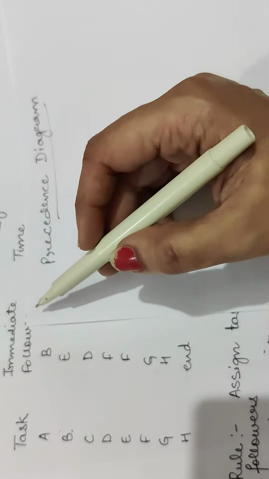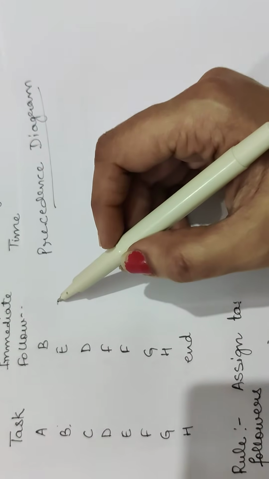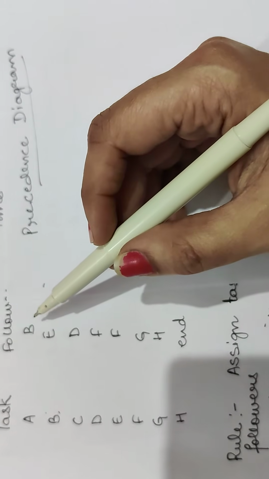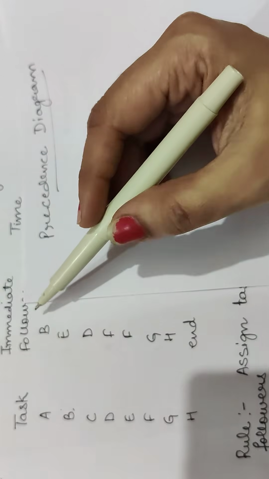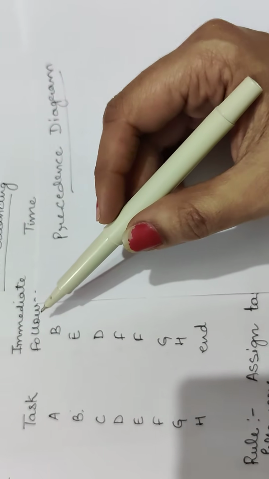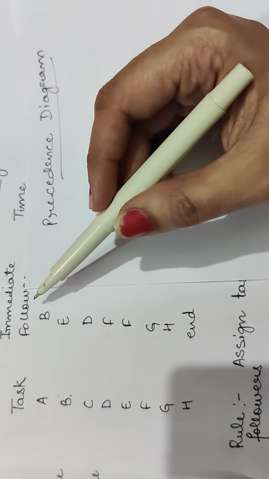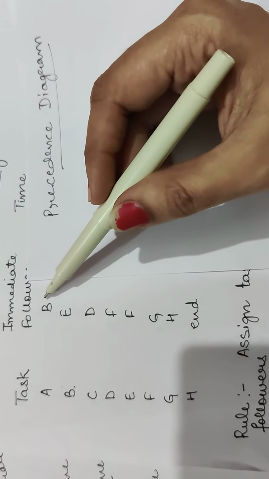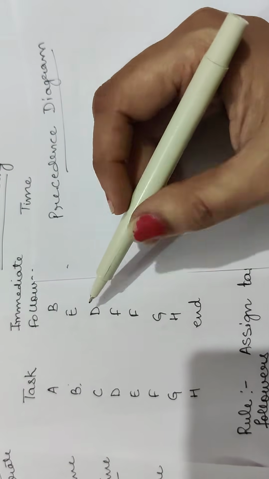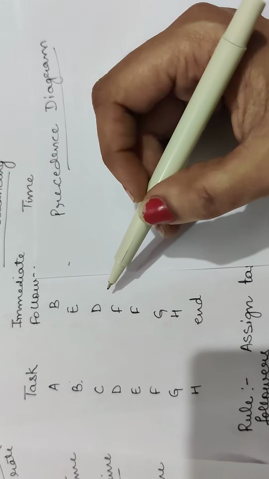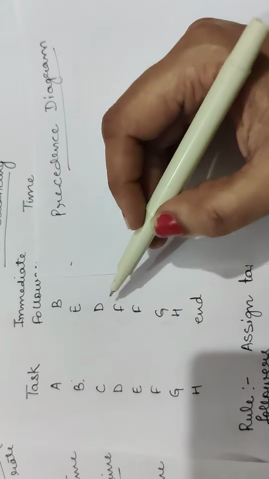Now you can see, when we have to start with the precedence diagram, the first thing we have to see is the tasks which are independent. Independent tasks will be those tasks which are not present in the followers column. Now in the second column, the followers column, you can see that task A and task C are not in this column.